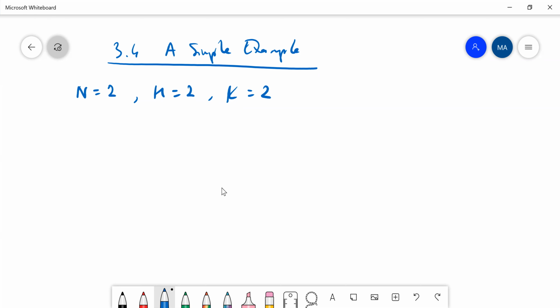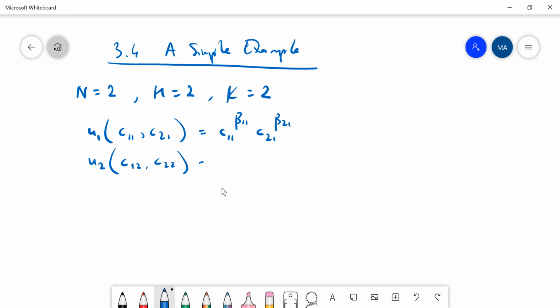For consumers, we have Cobb-Douglas utility functions. Let me write them. U1(C11, C21) equals C11 to the beta 11, C21 to the beta 21. And for the second consumer, we have C12, C22, so C12 to the beta 12, C22 to the beta 22.